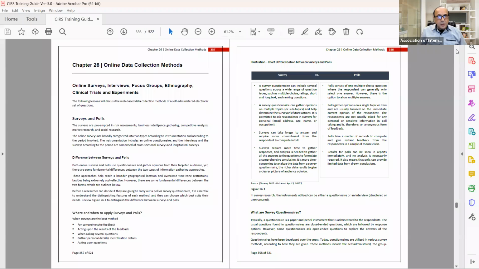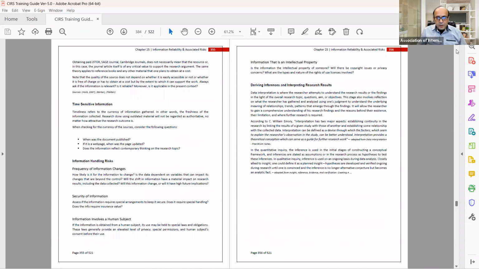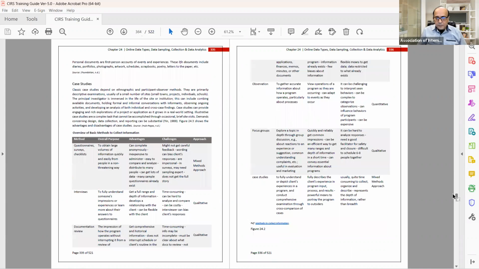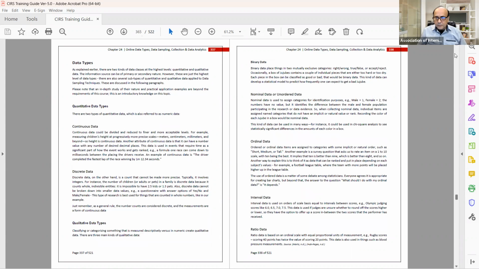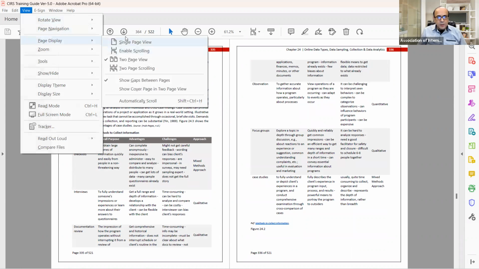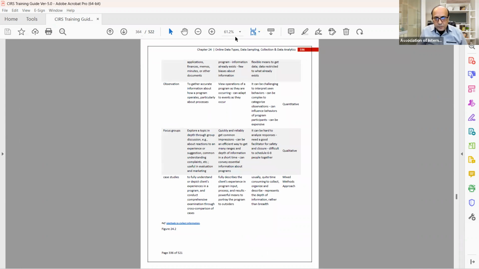Then I want to show you the mixed method chart. Let me show it as a single page view.